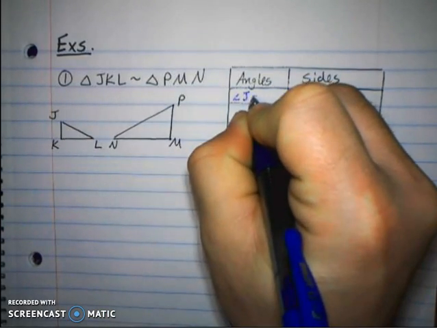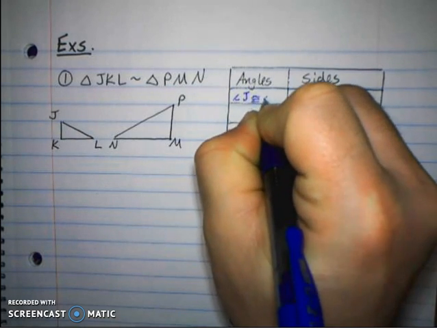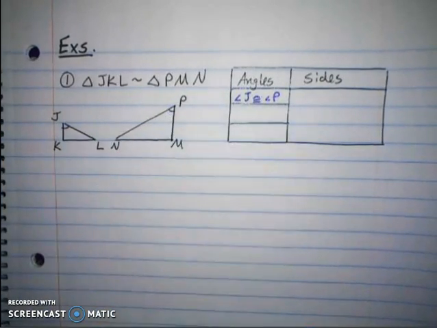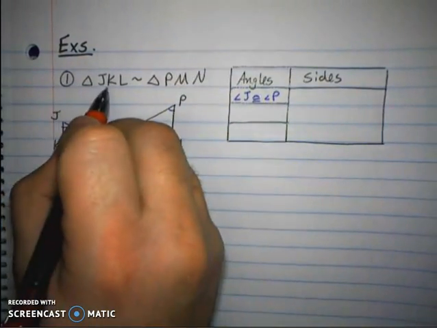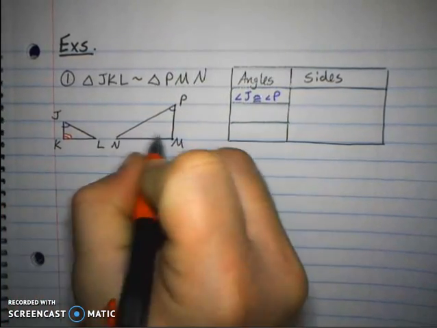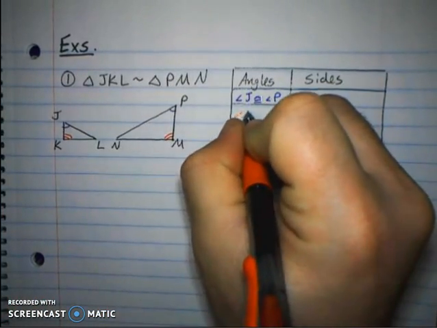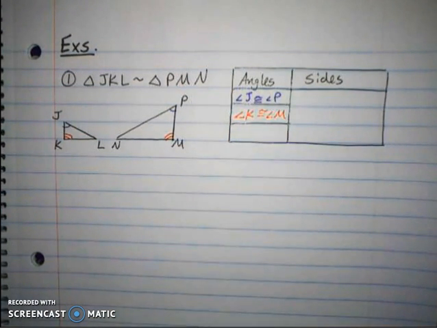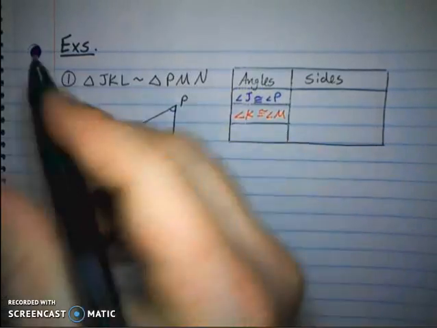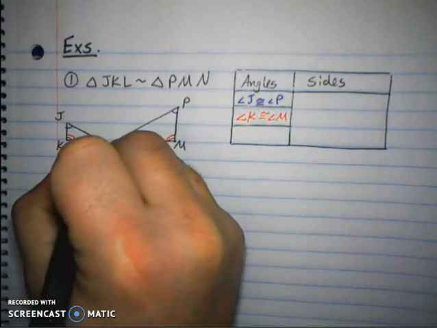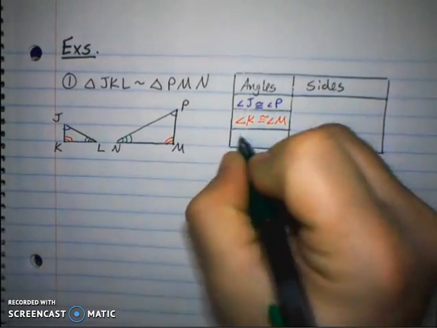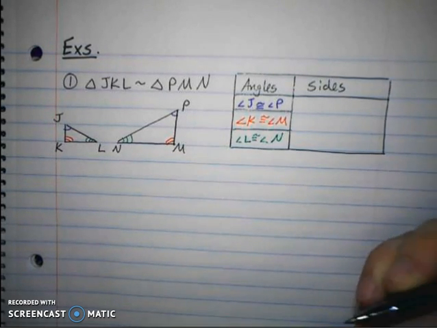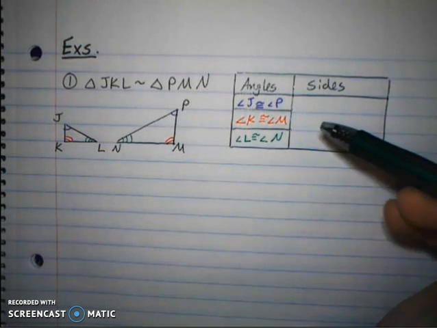So we can say angle J is congruent to angle P. We can say that angle K is congruent to angle M. And we can say that angle L is congruent to angle N. Okay, and that's similar to what we did when we talked about congruent triangles.